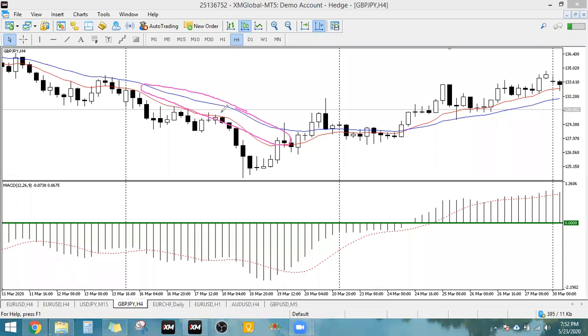Medyo malaki yung space, yung gap between your 12 and 26 EMA. And whenever the gap is big, lumalaki din yung histogram natin. Now, whenever the gap is small, maliit din yung histogram natin. Diyan na actually galing yun. Alright? It's actually the distance between your two moving averages whenever they converge or whenever they diverge.